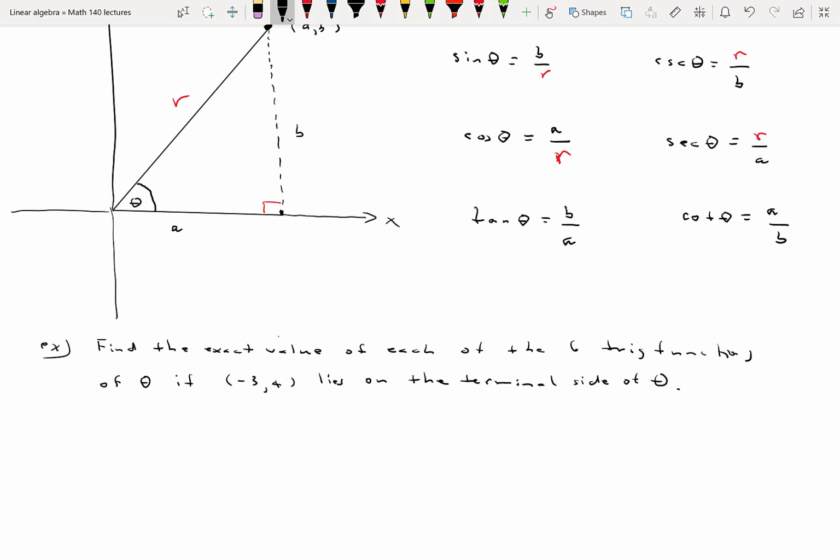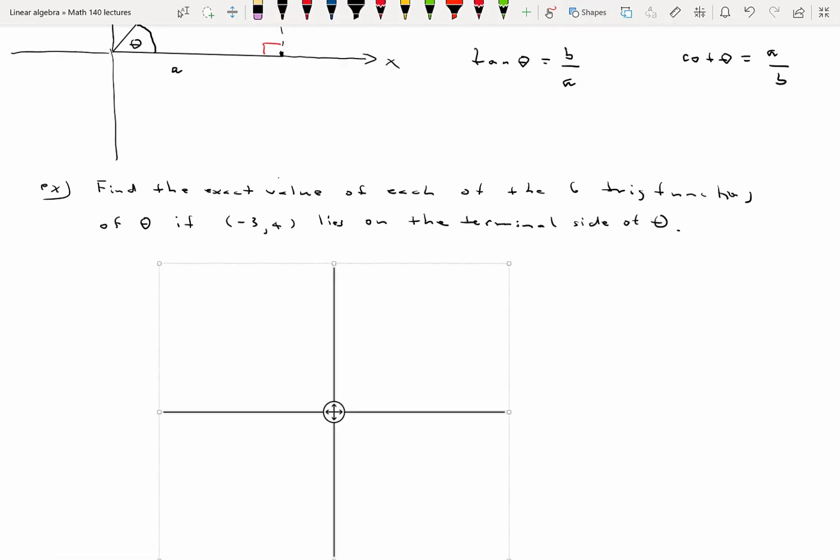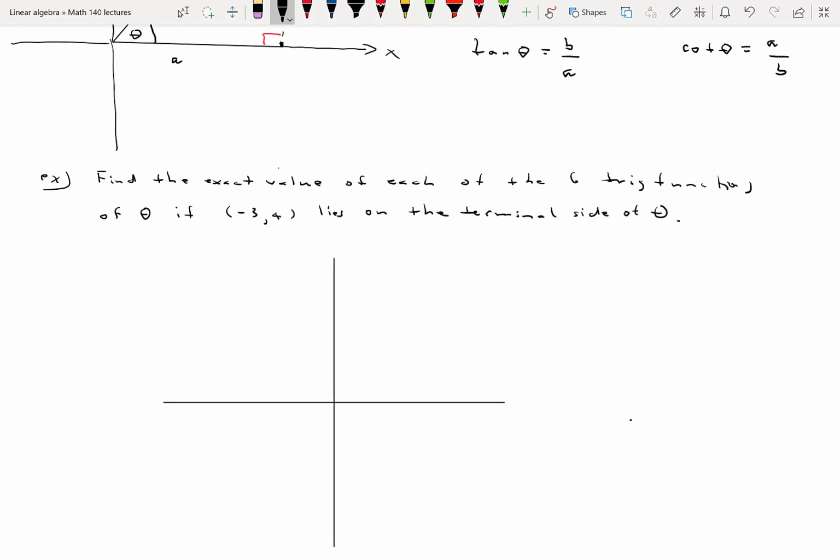Okay. So what's going on here? Let's draw a picture. First thing we do is draw a set of axes. Here's the x-axis, here's the y-axis, and we need the point -3, 4.